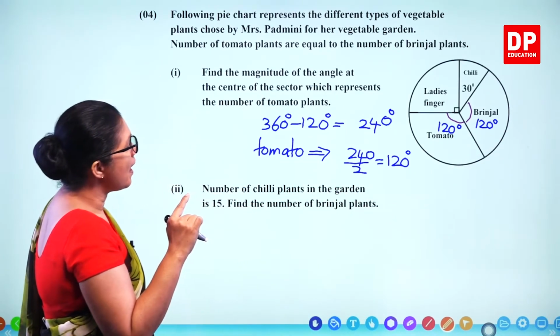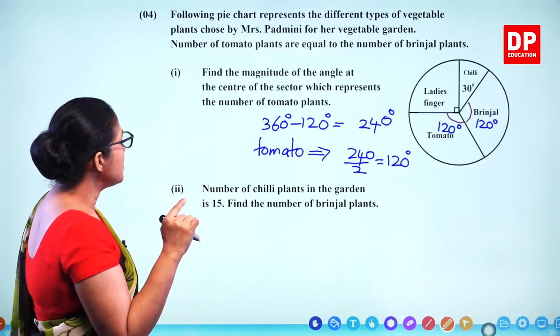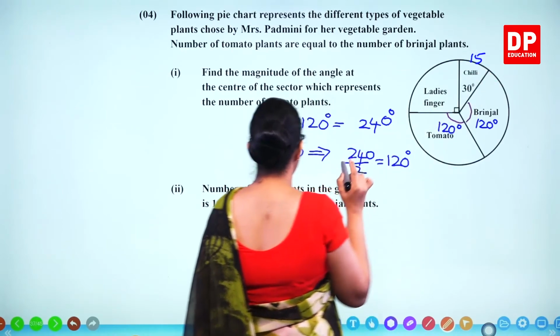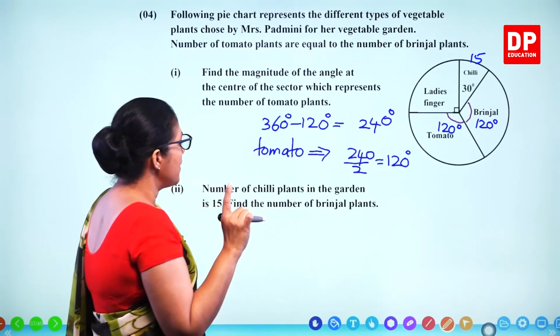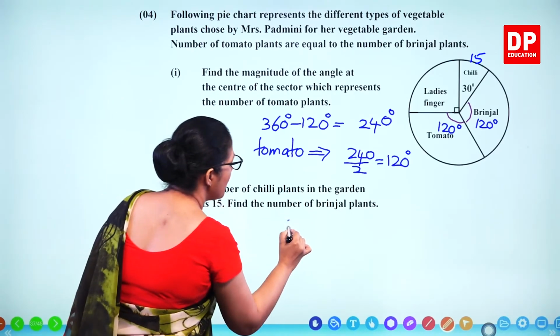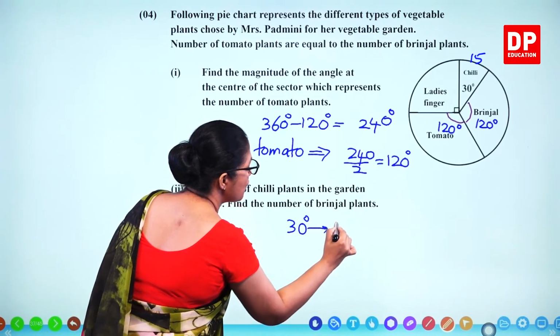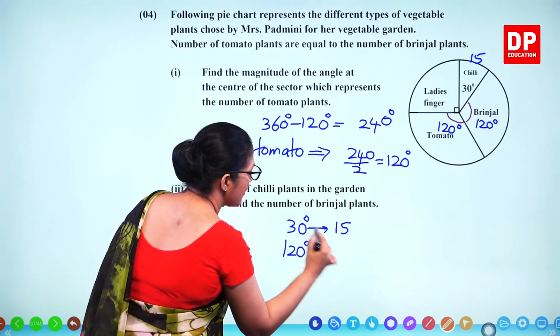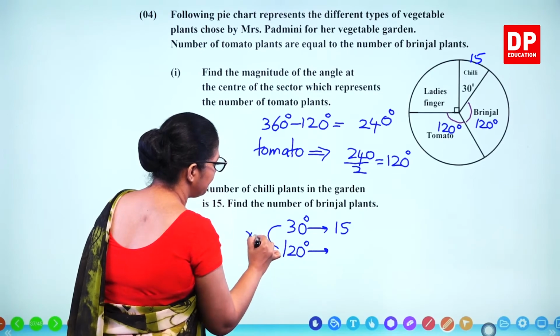Number of chili plants in the garden is 15. So 30 degrees means 15. Find the number of brinjal plants. Brinjal plants means 120. So 30 degrees is 15. So what about 120 degrees? So 4 times bigger.